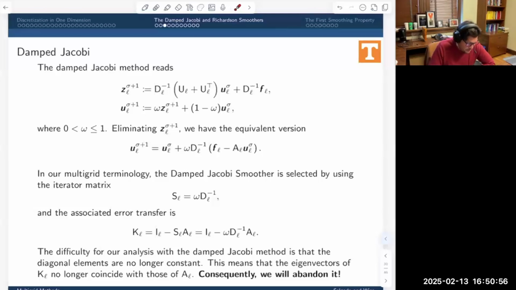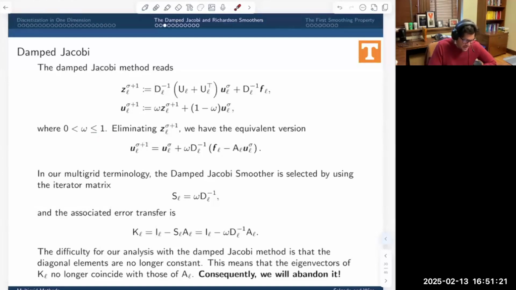And then what we do in the weighted or damp Jacobi method is we weight it with a parameter omega, where omega is some number between 0 and 1. Not 0, because if we use 0, then basically that is just using the old value of u, and it doesn't give us any new approximation. And if I take 1, then that's just the standard Jacobi method entirely.